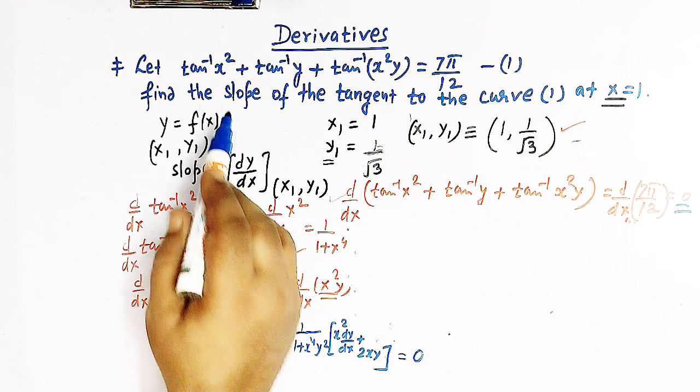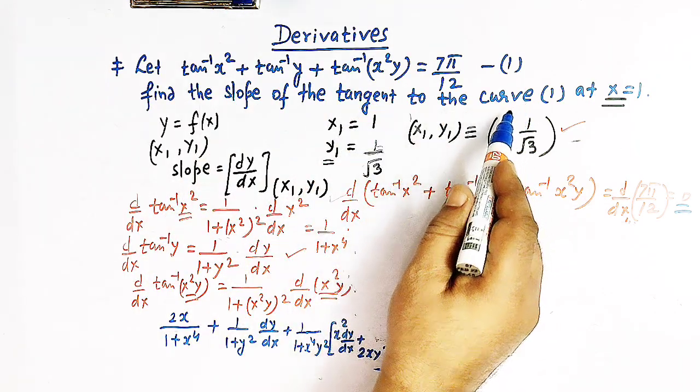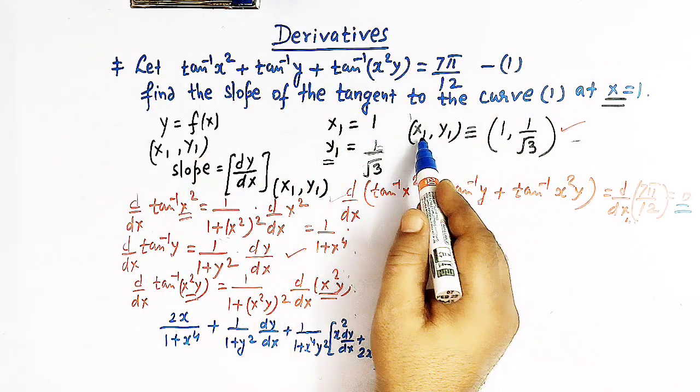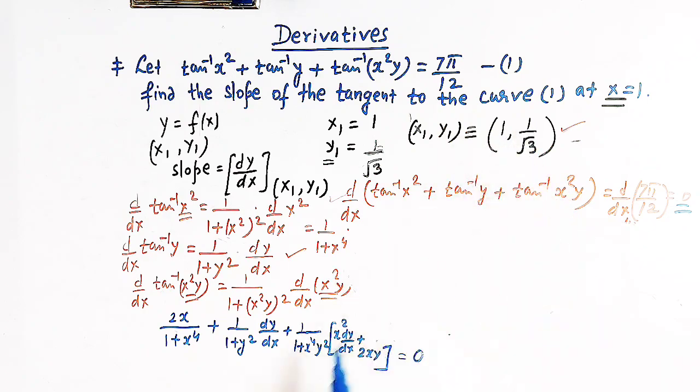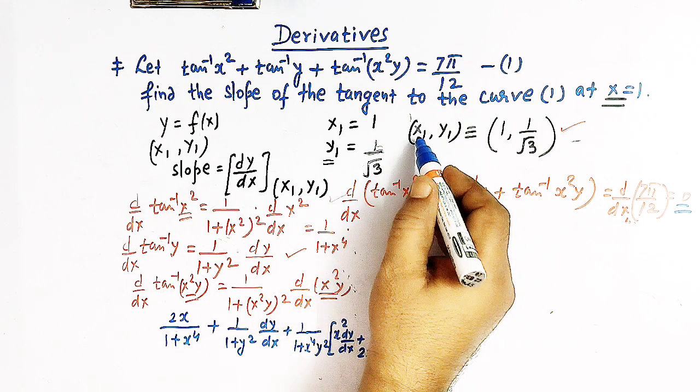So now to get the slope of the tangent to the curve at this point x1 y1 equal to 1 comma 1 over square root of 3, let us substitute here x1 y1.